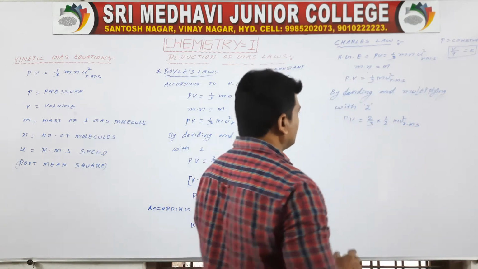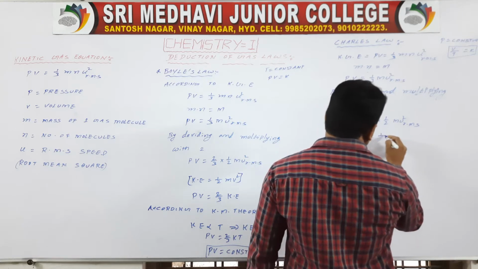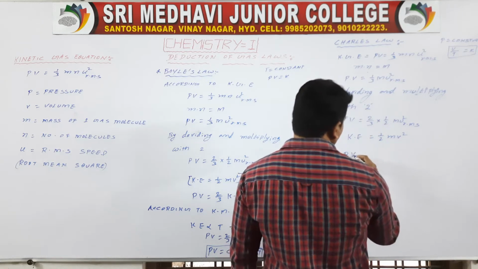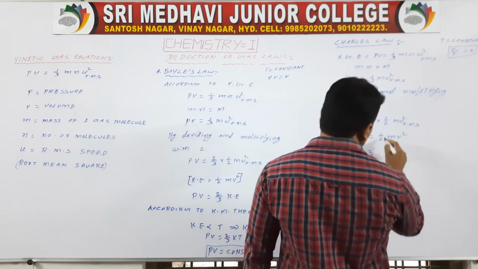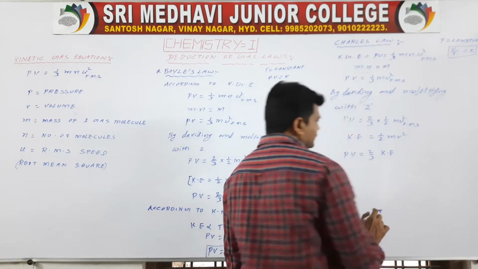Then KE equal to 1 by 2 m v square. So PV equal to 2 by 3, and in the place of half m v square I am writing KE.